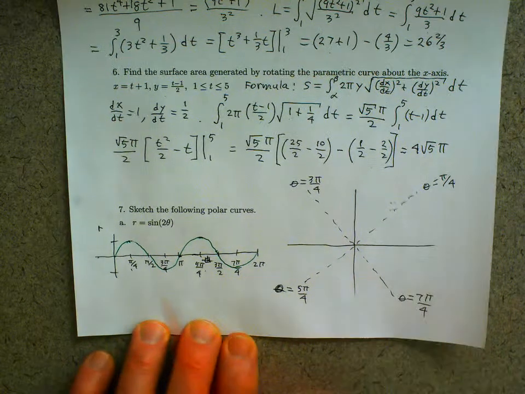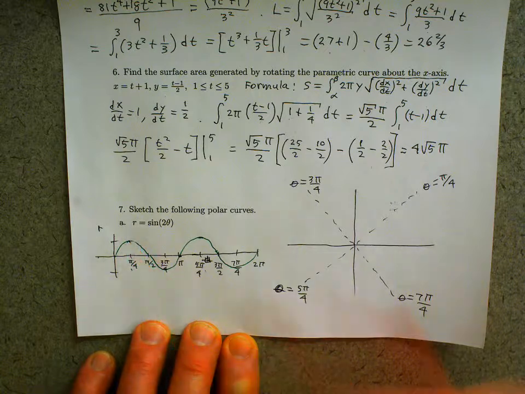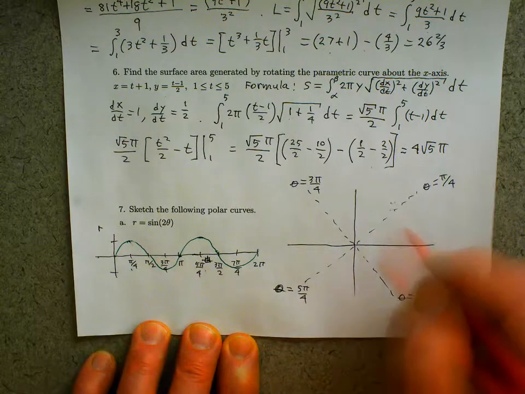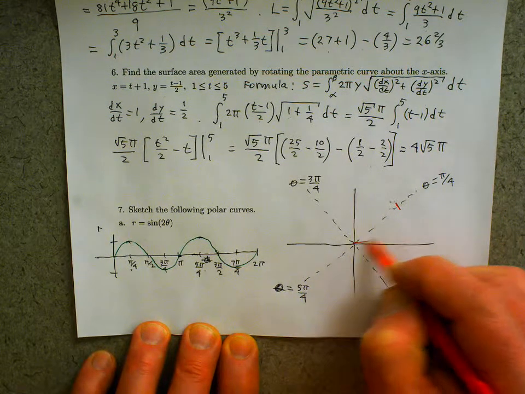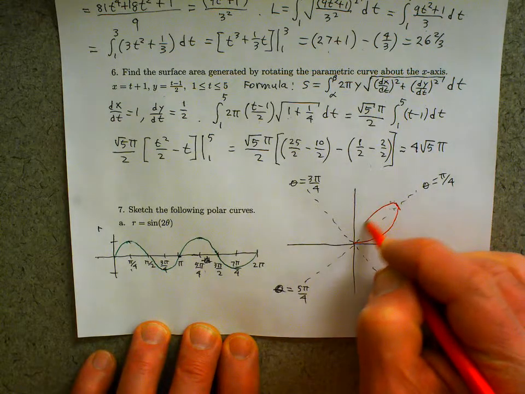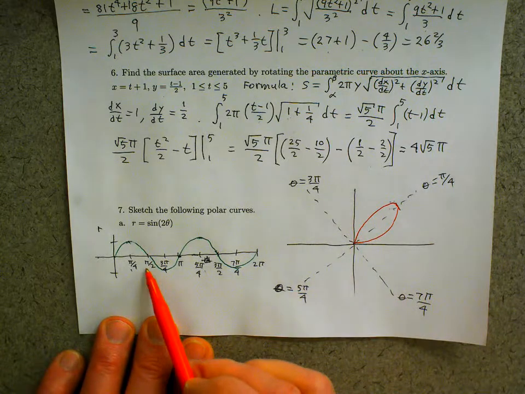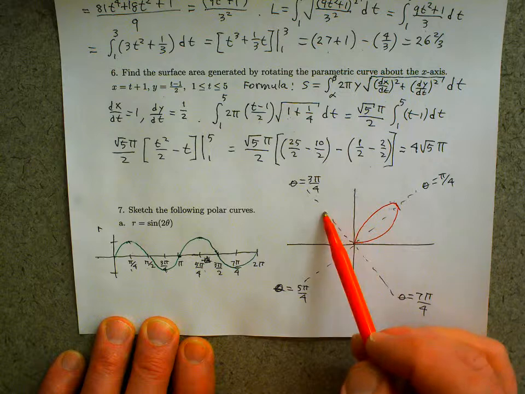Okay, so at pi over 4, the r value is 1. So it starts at 0 and increases to 1, and then it goes back to 0. Between pi over 2 and 3 pi over 2, the r values are negative.